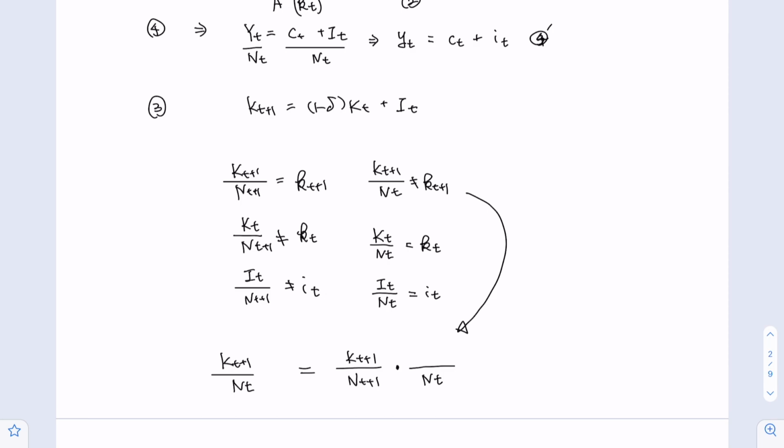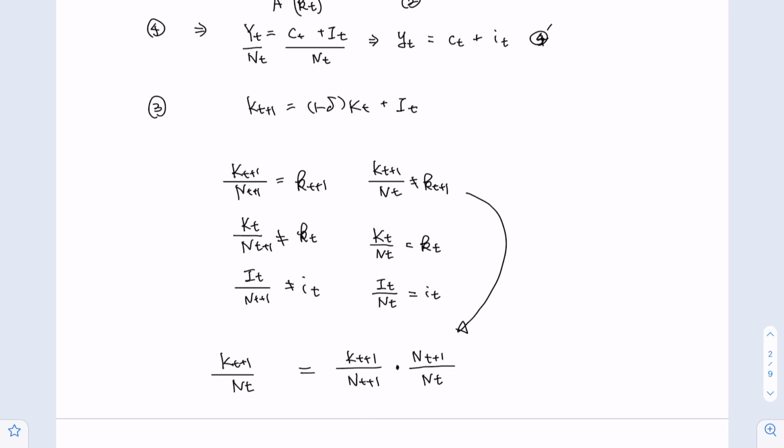Given that we divide the equation by N_{t+1}, as long as we multiply it back, the equation will be kept. So now we have a meaningful expression: K_{t+1} over N_t equals K_{t+1} over N_{t+1}, which equals k_{t+1} in lowercase, the capital stock per capita, multiplied by N_{t+1} over N_t.